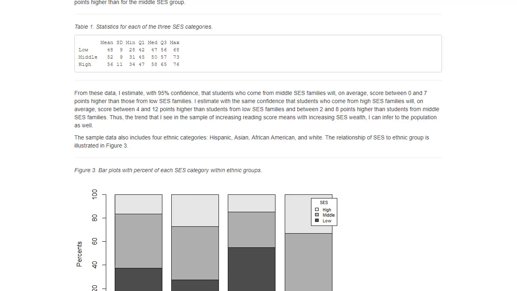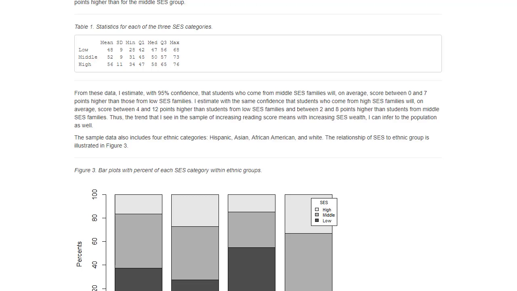So what I'm observing here is that I have a confidence interval that is almost entirely above 0. But what I'm also going to observe is that because it does go down to 0, the average score for the population of middle SES students may not be much higher than that for low SES students.